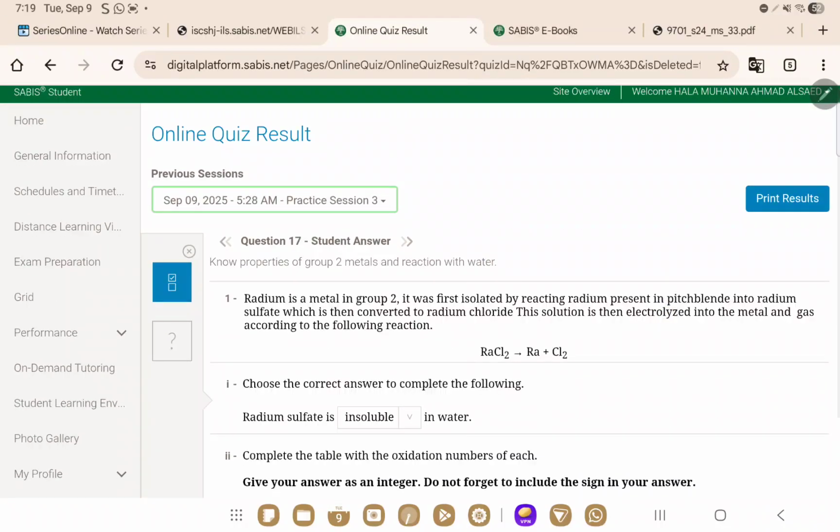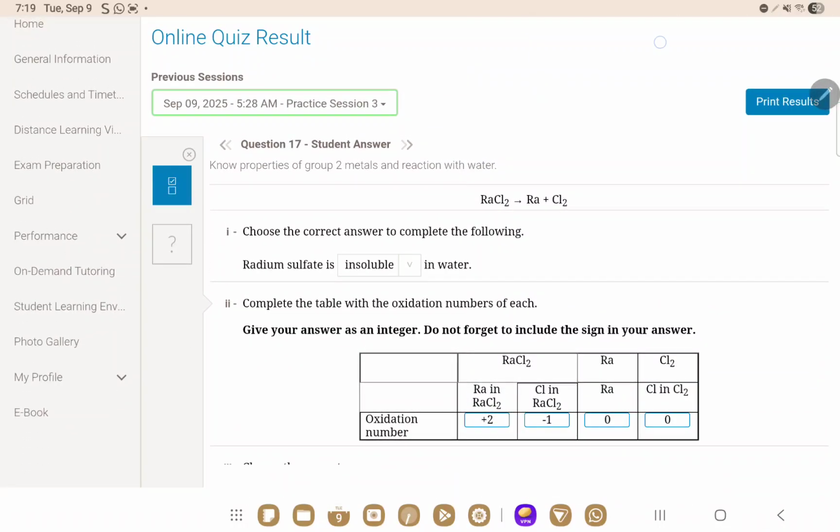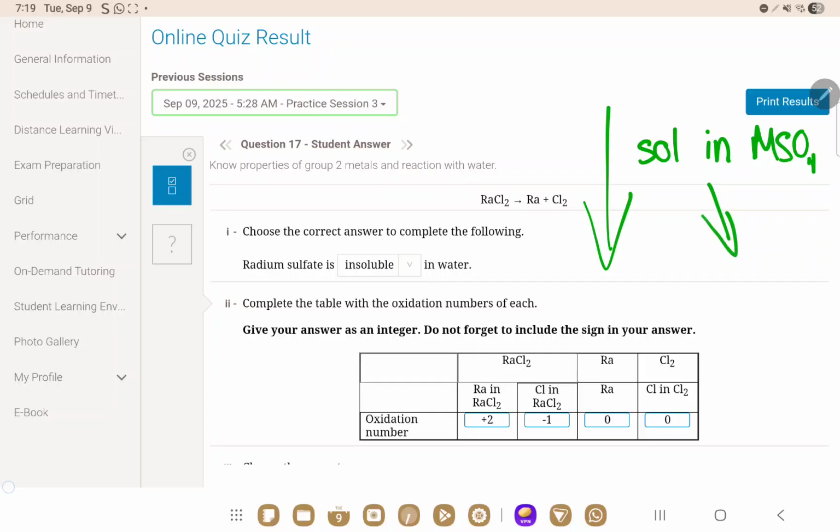I know that as we go down the group, the solubility of metal sulfates decreases. So radium is the last one, so it is insoluble. I'm just telling you a fact that was written in my copybook, so I think we should know.